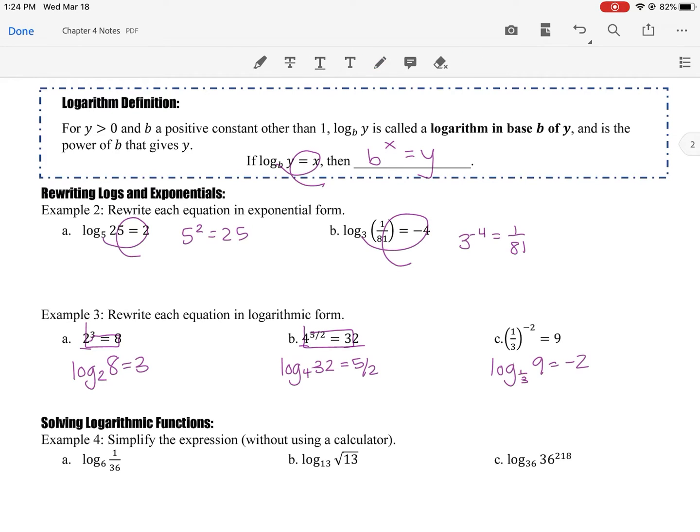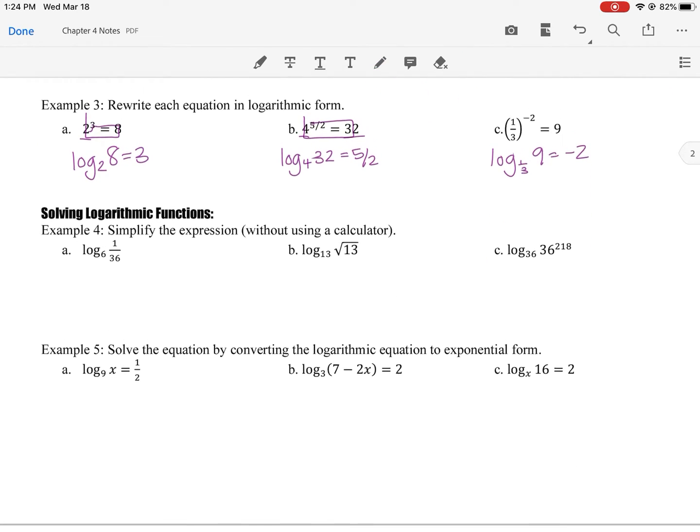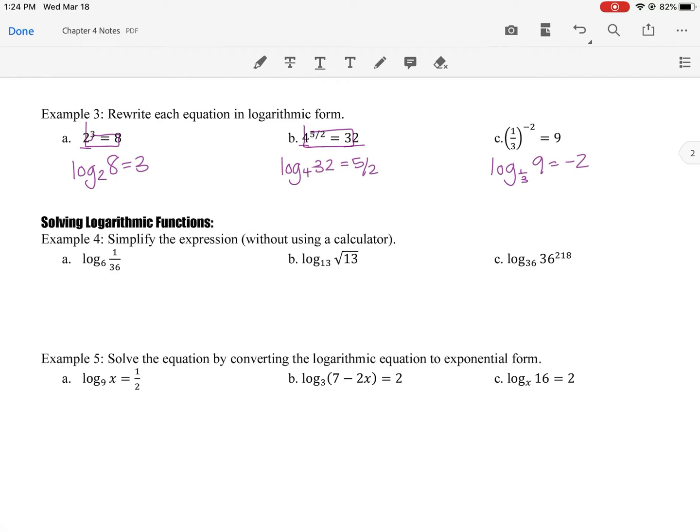Okay, let's look at these next ones. We're expected to be able to solve these types of equations involving logs. You shouldn't really need a calculator, although you are always allowed to use a scientific calculator on your exams. So here they're saying basically what's the answer here. If I put an x in there, they're saying 6 to what power equals 1 over 36?